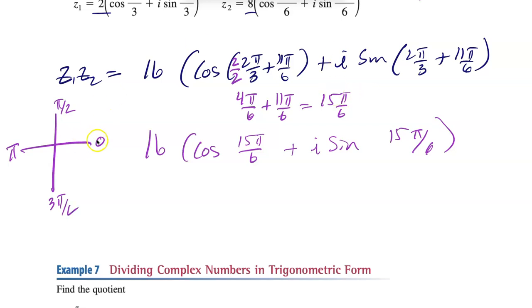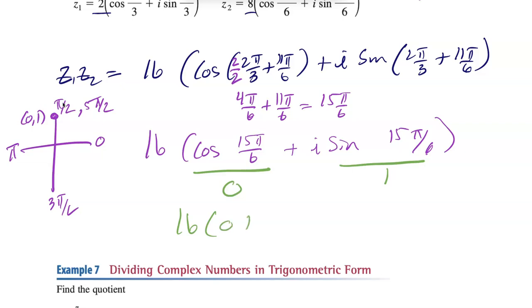Because it goes basically 0, 1 pi over 2, 2 pi over 2, 3 pi over 2, 4 pi over 2, 5 pi over 2. So it's just the point right here of 0, 1, which makes cosine of that 0 and sine of that 1. So I get 16 times 0 plus i, which gets me 16i.